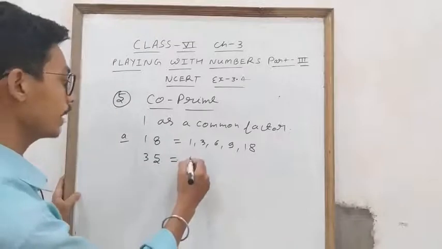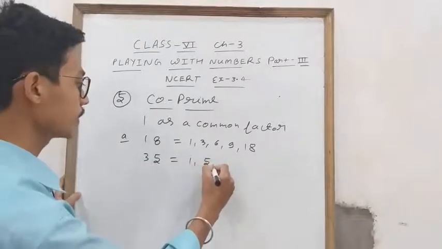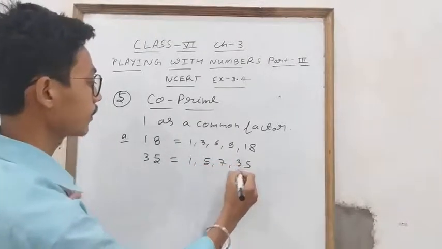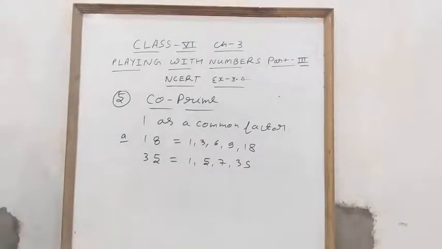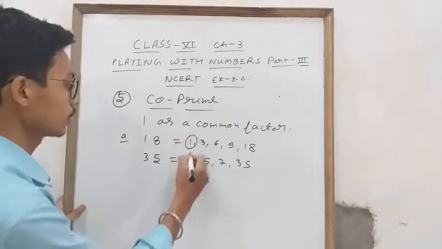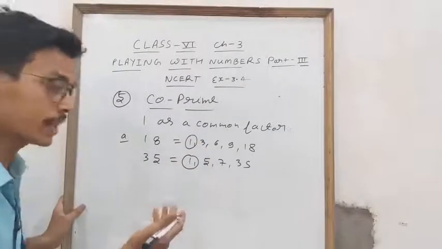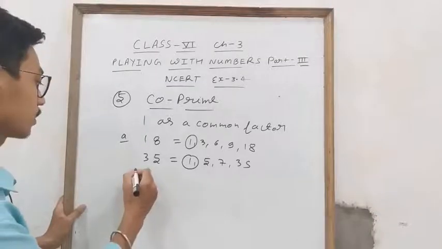Now here you can write down 1, 5, 7, 35. What is the definition of co-prime, student? Having only one as a common factor. So only one is a common factor in this. We will write down yes.